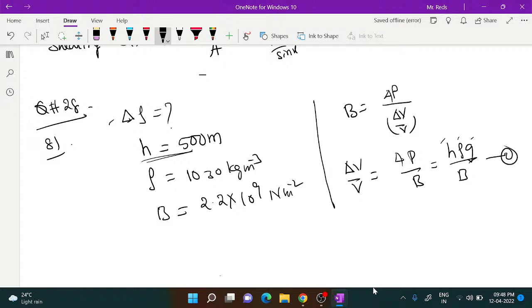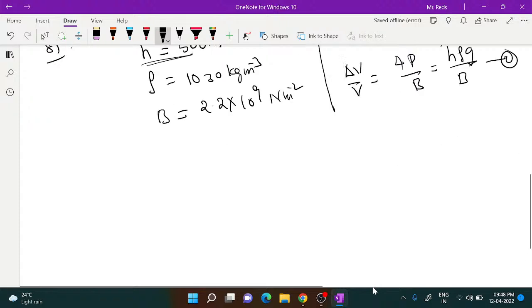So how can you find that? Density is equal to mass by volume. But when mass is constant, these are inversely proportional. By remembering the concept of error analysis: if you have something like y equal to some constant a by x, the fractional error in this is equal to the fractional error in x.